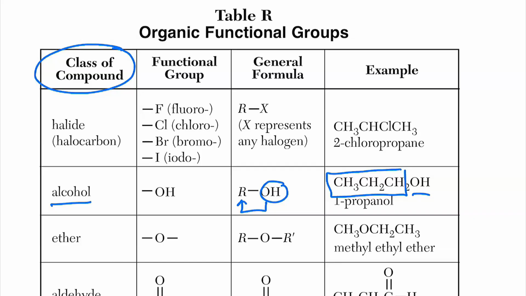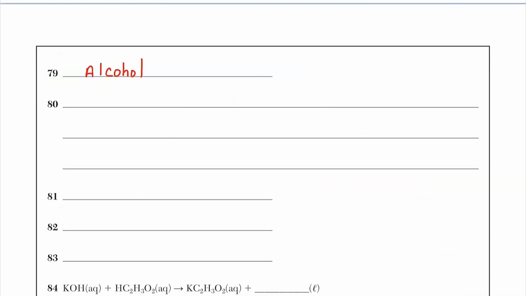They're not metals that are ionically attracted or bonded to the hydroxide ion that comes off. These are not hydroxide ions that come off. These are bonded covalently. So in any case, this is an alcohol. It's just as simple as that. I mean, they're just trying to give you points there. Alcohol or alcohols work. So on to number 80.